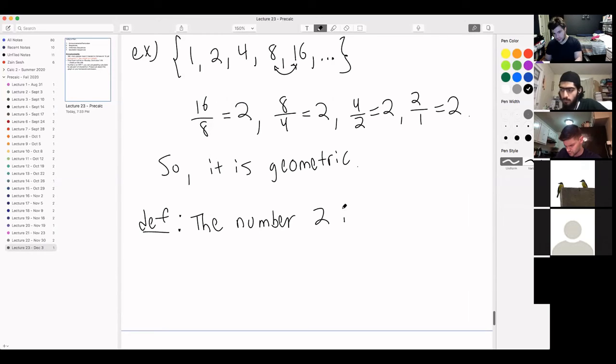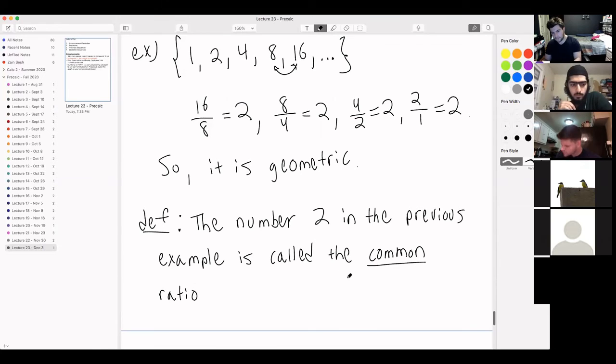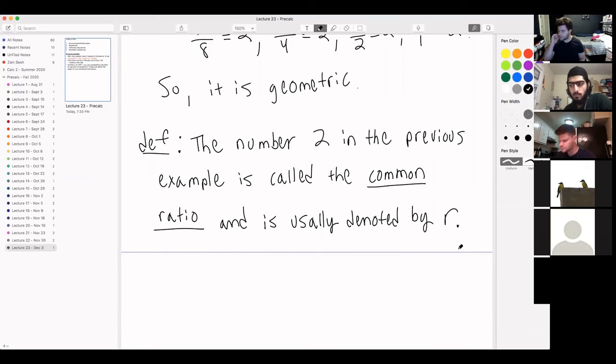So the number 2 in the previous example is called the common ratio. And is usually denoted by R. Okay, usually use the letter R.